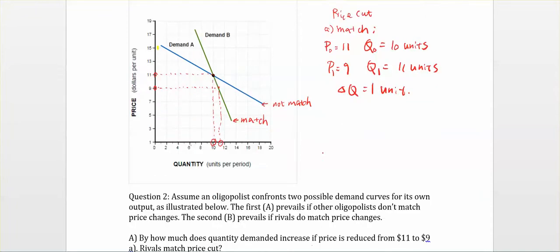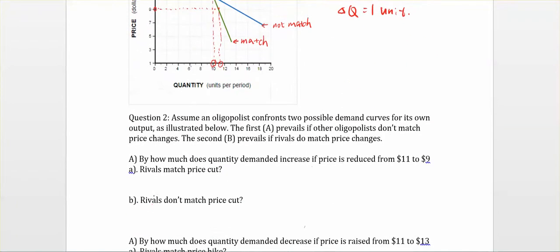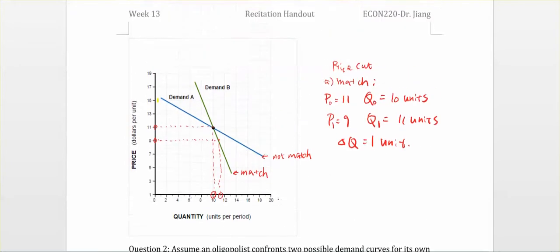Now look at the second part of this question: the scenario when rivals do not match the price cut. So we just look at the blue line. The initial price is $11, with 10 units of demand, so it's still the same initial state.